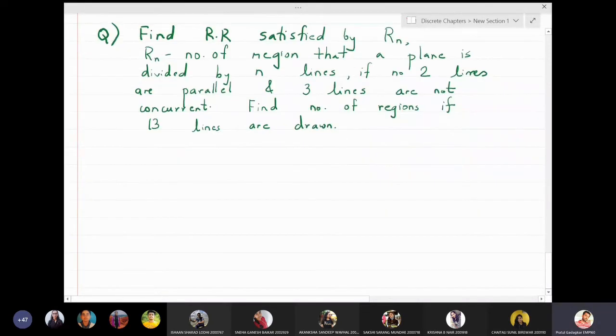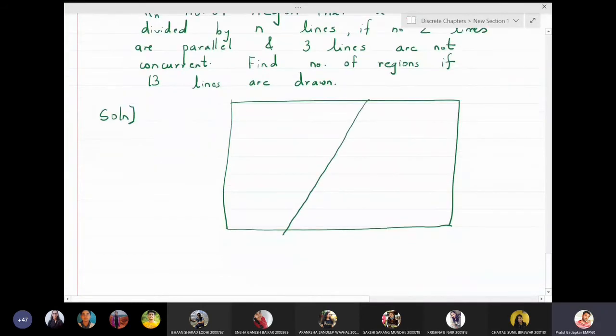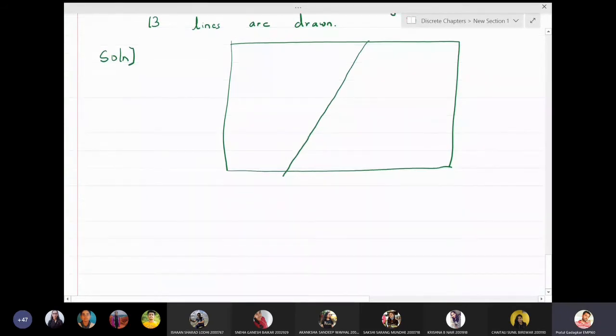Okay, so what is the question? We are having a plane. In this plane, I'm going to draw one line. So this one line divides the plane into two parts. So R1 will be equal to 2. What is R1? R1 means how many regions you will get when you draw one line.